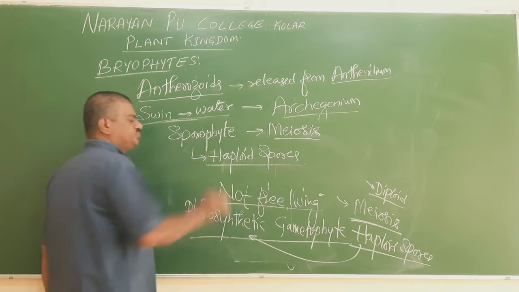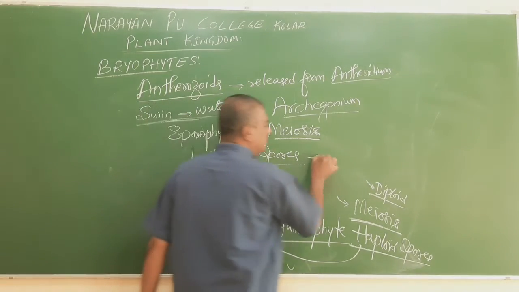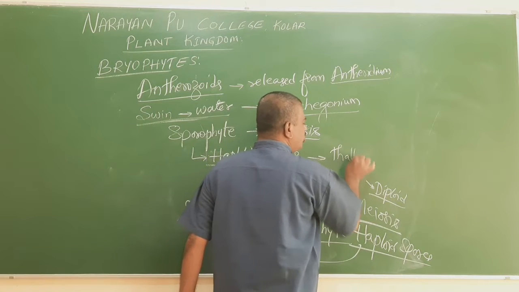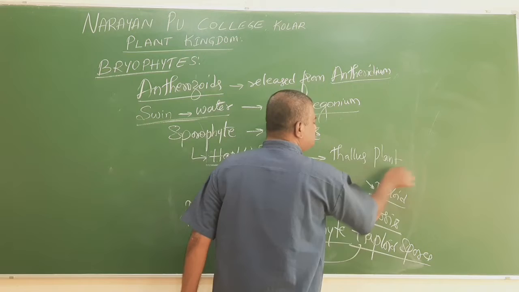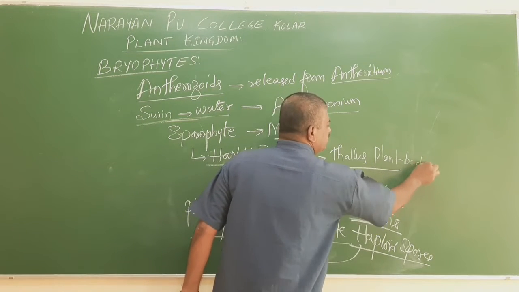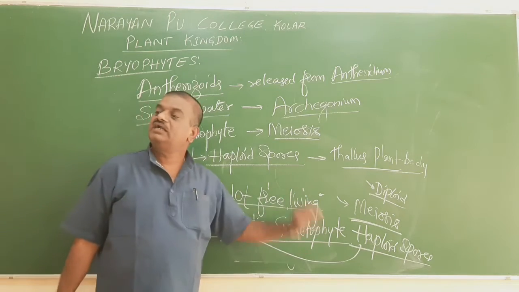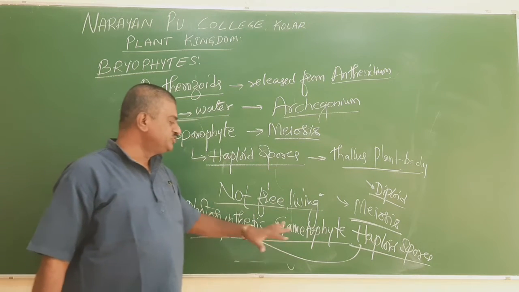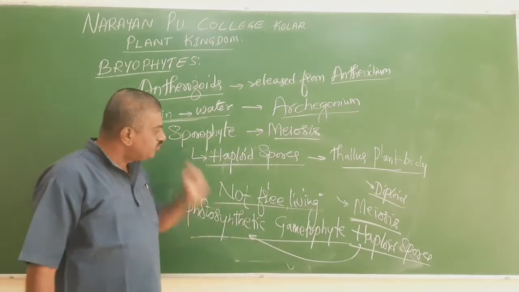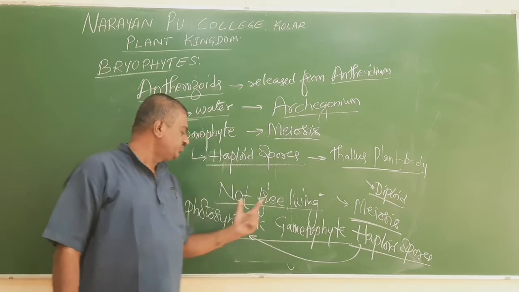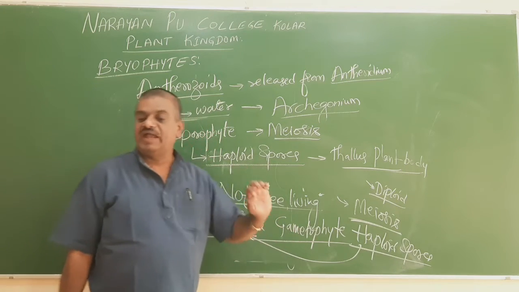These haploid spores give rise to a new plant body, the thalloid plant body, which is photosynthetic and can produce gametes, so it is called gametophytic. This gives rise to a haploid photosynthetic gametophytic plant body.